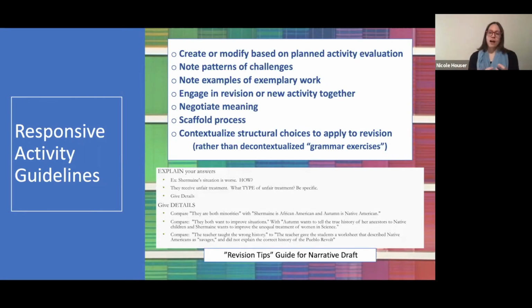In the individual responses, the students have the papers with them, and I say, yes, you understand that they want to improve their situations here, but please provide more detail. I don't know the details of how the situations want to improve since you're comparing them. So then, since we're discussing this, they have that commentary in front of them, and then I ask them to make this comparison, and students start to revise in class, rather than, you give the feedback, and students may or may not read it or apply it later on.